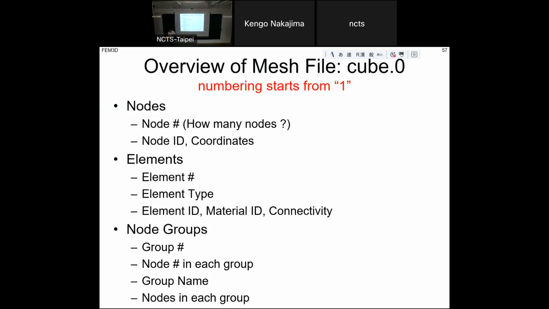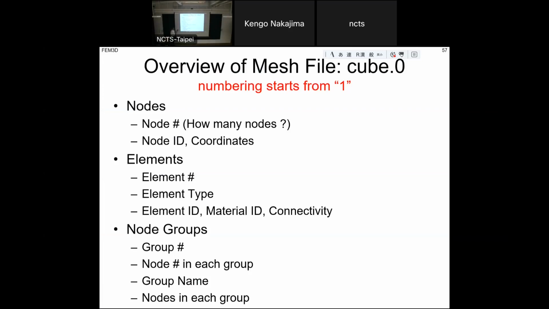So next, I'll talk about the details of cube.0. It's a mesh file data structure. It consists of several groups. One is about the nodes and the elements, and also the node groups where we apply the boundary conditions.